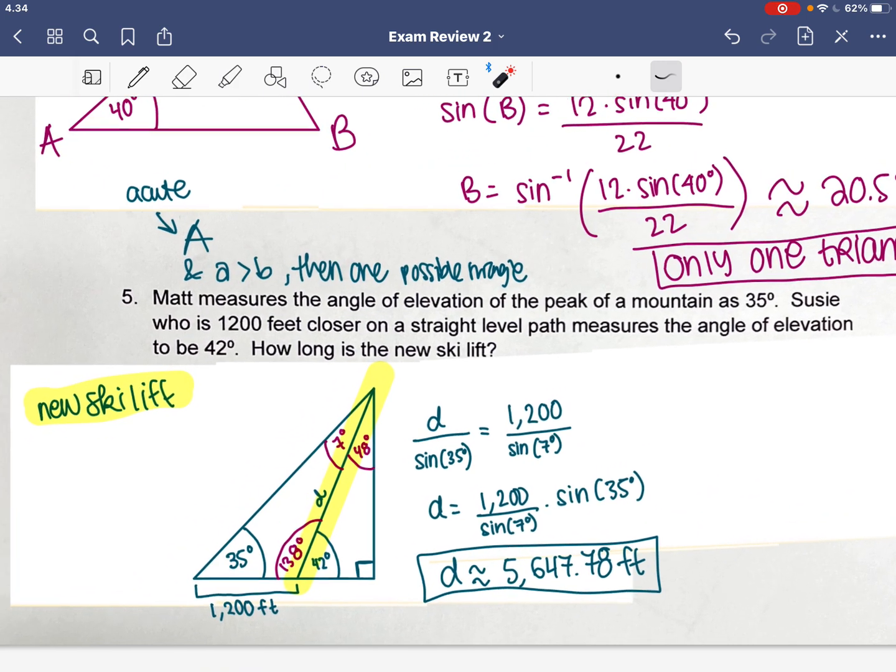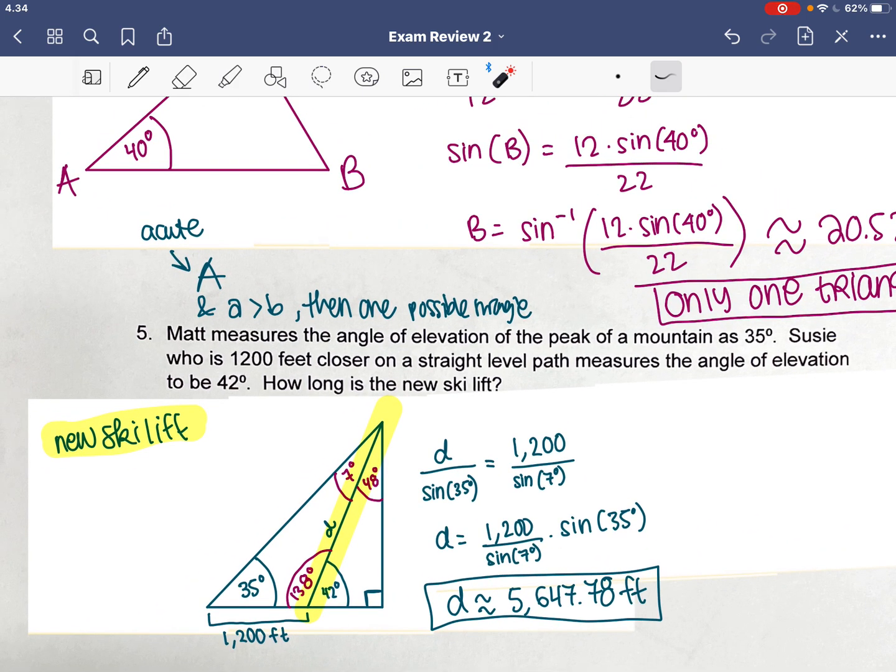Last but not least, number 5, it says Matt measures the angle of elevation of the peak of a mountain as 35 degrees. So I just drew, well, I started with where Matt is, right? And then Matt is saying there's an angle of elevation, so this is from the ground, 35 degrees.